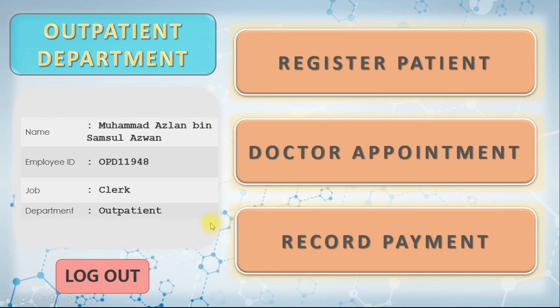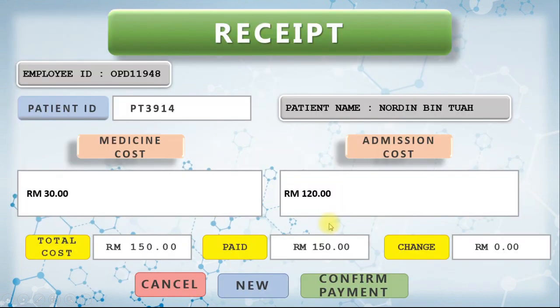And lastly, they can record payment. As usual, the employee needs to fill in the patient ID, and then the system will come out with the medicine cost and admission cost.